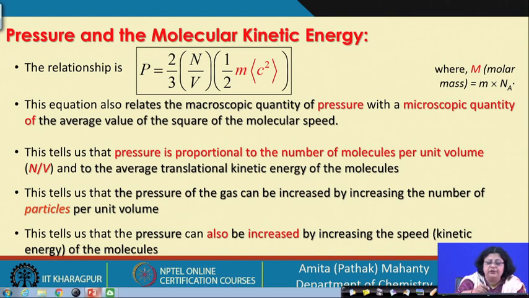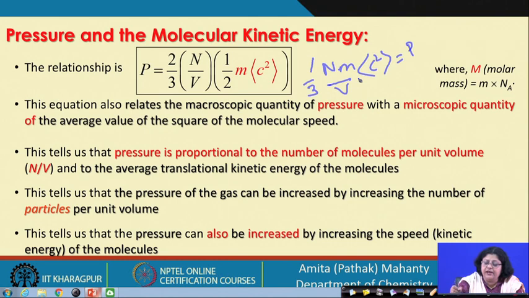I have got the same expression as the one which was there previously, 1/3 N m times the root mean square velocity squared, divided by V, which was the expression of pressure which we had.